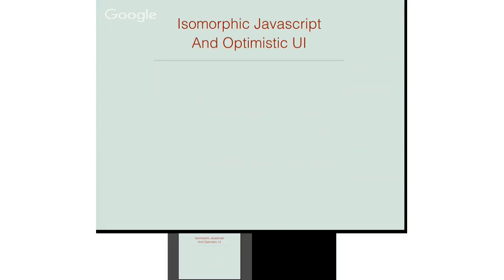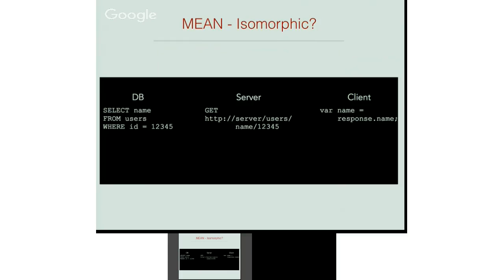A lot of people are talking about isomorphic JavaScript, which basically means you can write JavaScript on the client and JavaScript on the server. That's nice. But if some of you are developing with the MEAN stack, you know that isomorphic JavaScript doesn't work so well in practice.